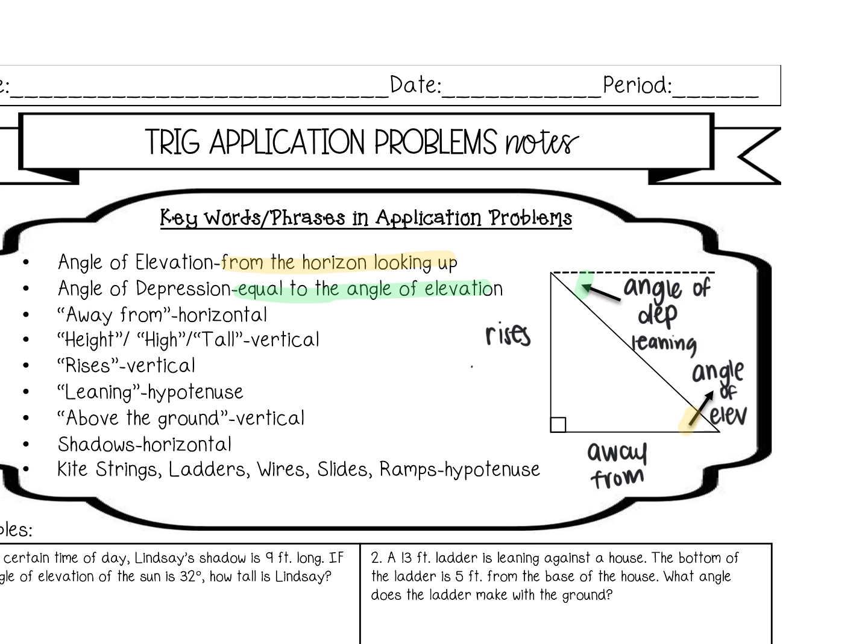Above the ground, also vertical. Shadows are horizontal. And anytime you're solving for the length of a kite string, a ladder, a wire, a slide, so lengths of things tend to be hypotenuse.